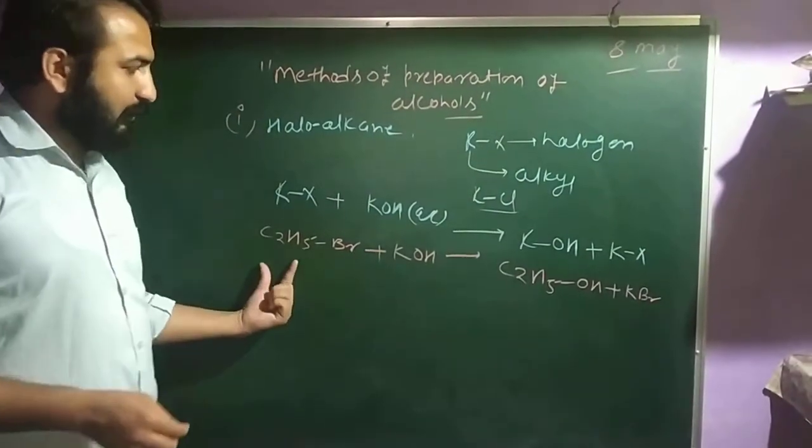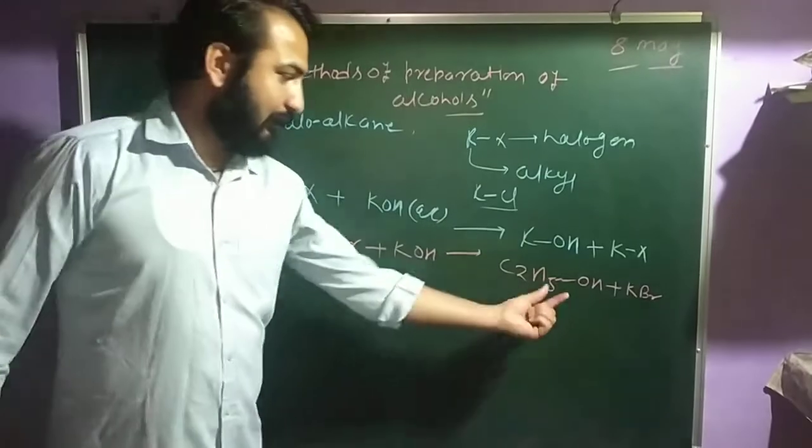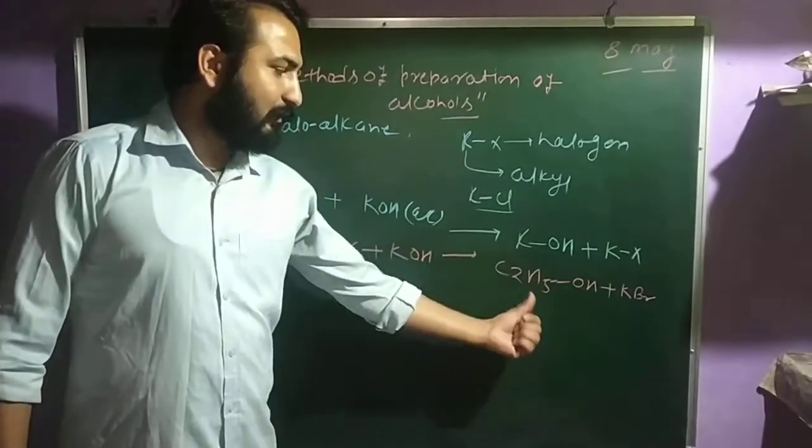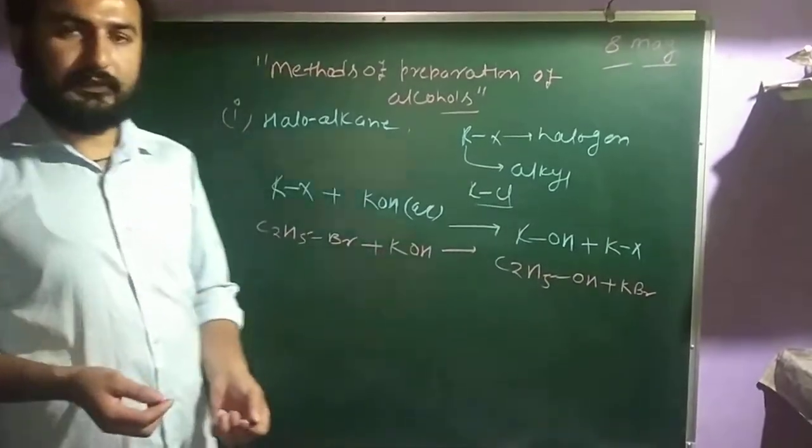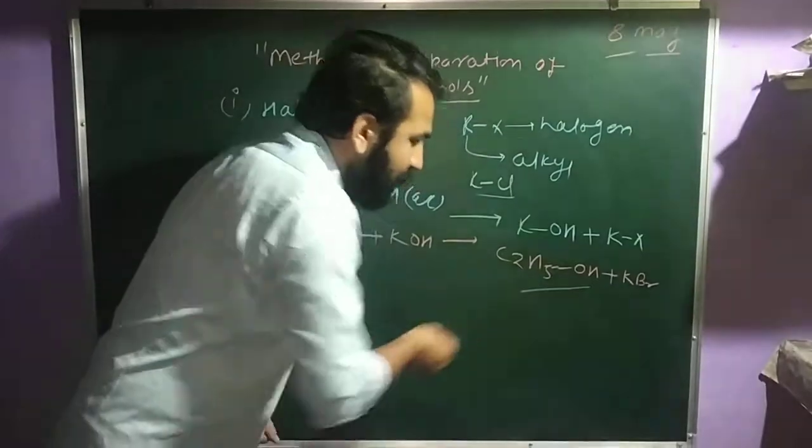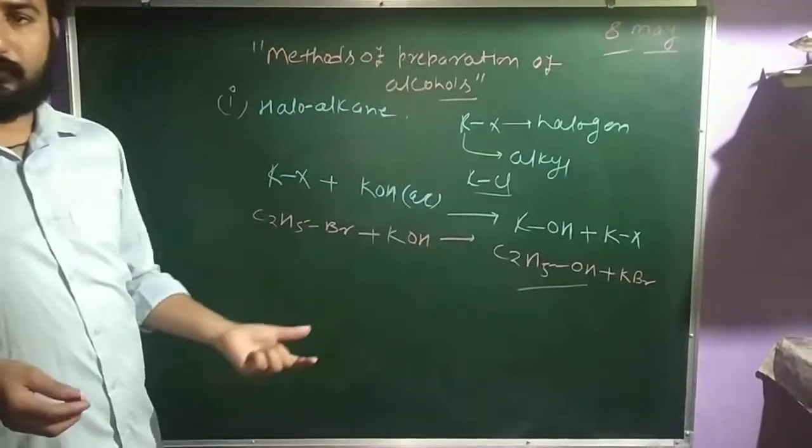Clear? C2H5OH and KBr. This is your alcohol, that is ethanol. Clear? So you prepare your desired alcohol.